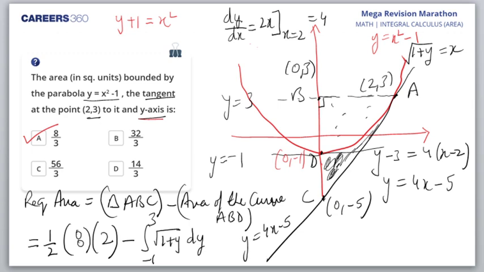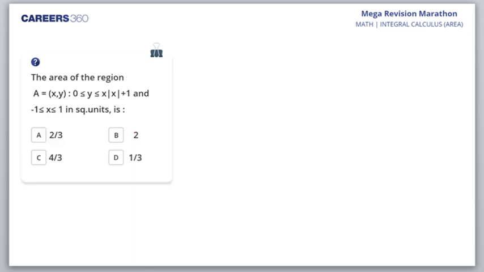Yes, students, I'm waiting for your answer. Can I move on to the next question? Yes, okay. I got a nod, so I move on to the next question. What is it?